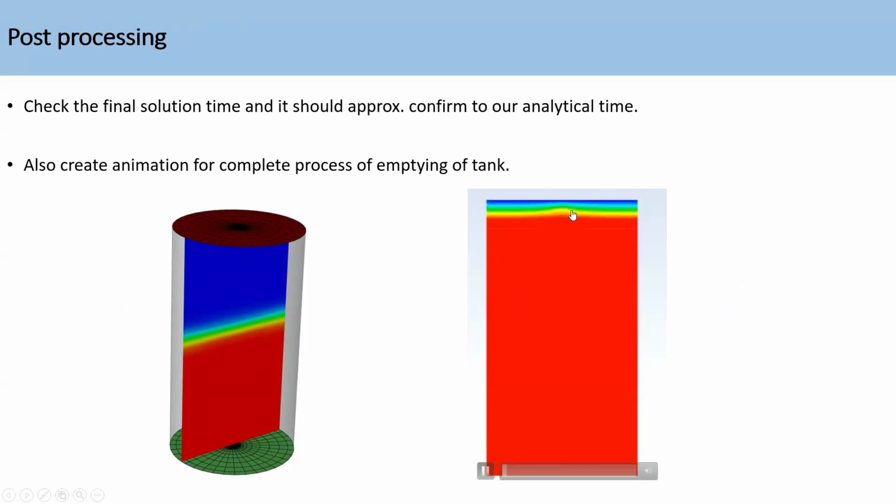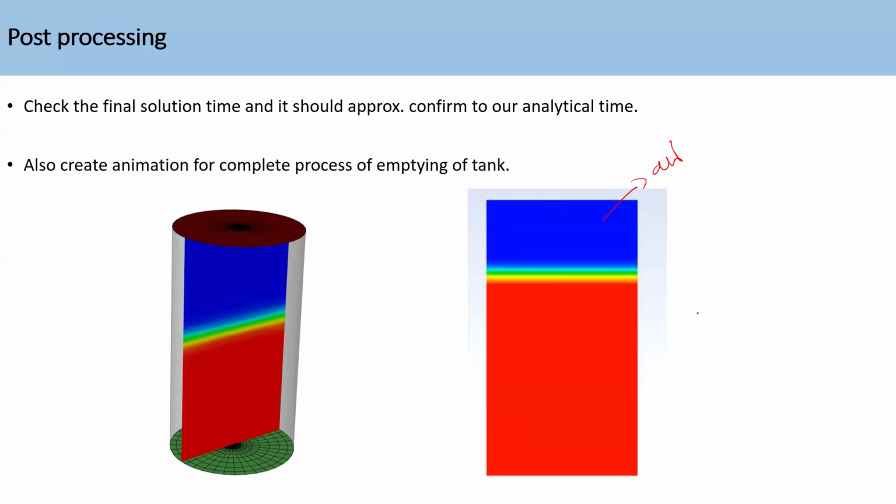This is not a 2D case, this is a 3D case, but I have only shown the animation on one 2D plane at the center of the tank. You can see that initially the speed is very fast. The blue color is the air, and the red color is the water.